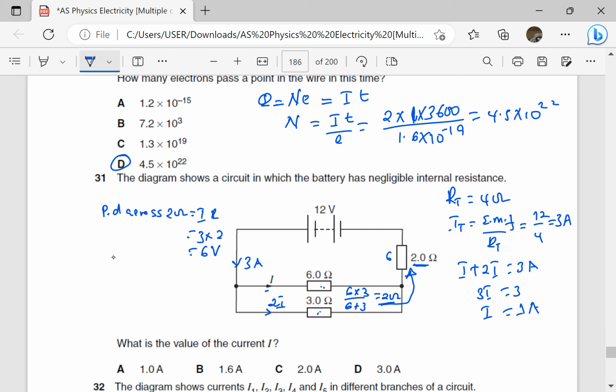That means the PD across the parallel combination should be 12 minus 6, which is equal to 6 volts. So if I know the PD across here is 6, then the current I is going to be the PD, which is 6, divided by resistance, which is 6, giving us 1 ampere.